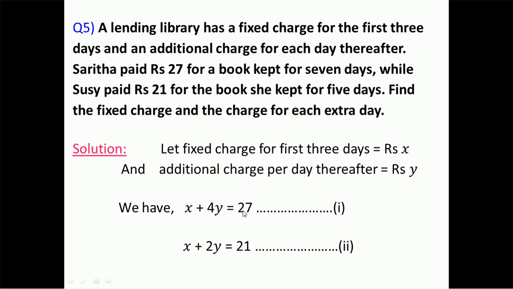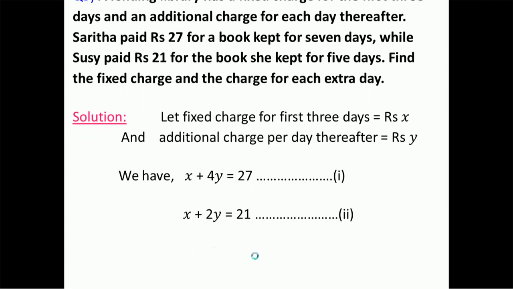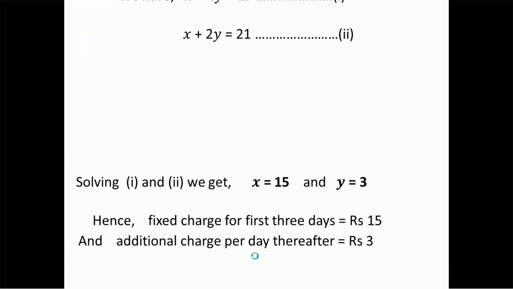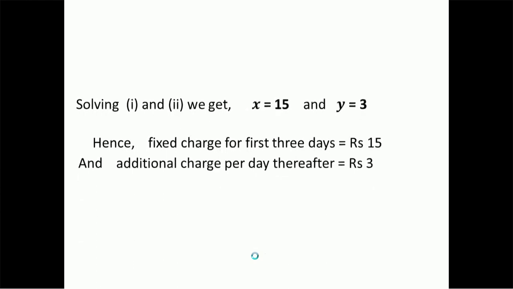So we got these two equations now, and then by elimination method, students please solve it, and solving equations 1 and 2 we get X is equal to 15 and Y is equal to 3.